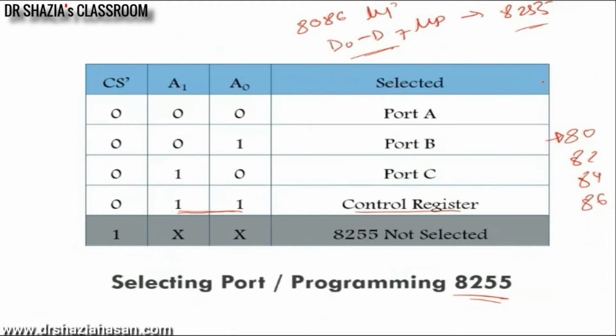Only even addresses. Because A0 will be used for enabling the even bank. The rest of the address lines can be used for addressing purposes.